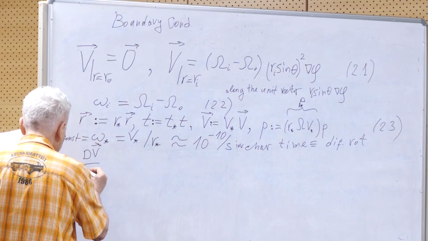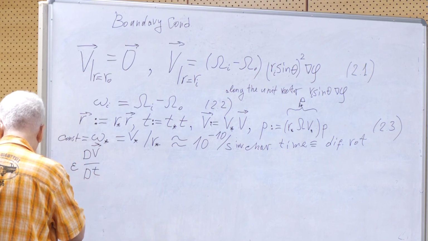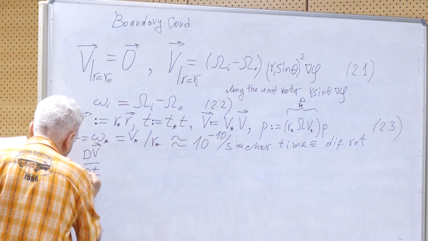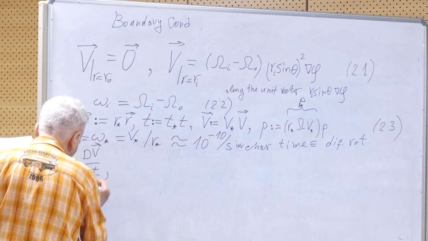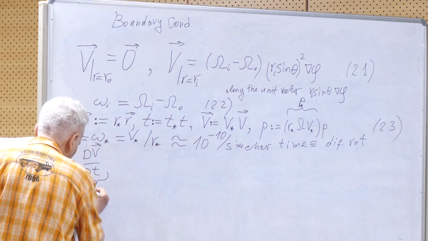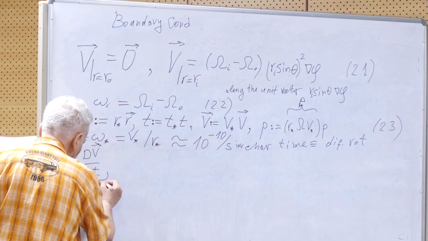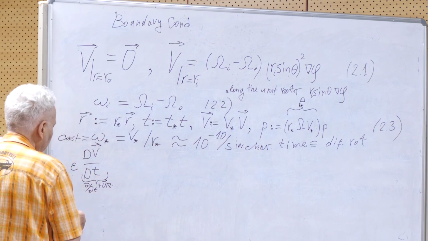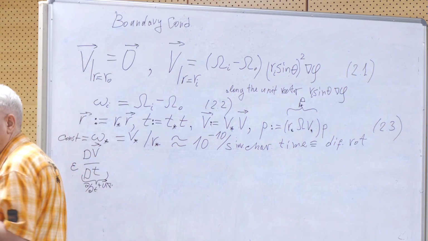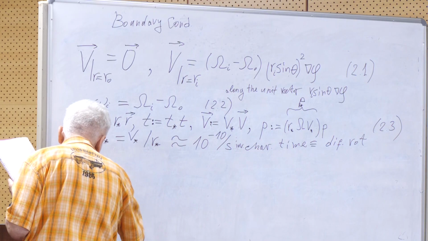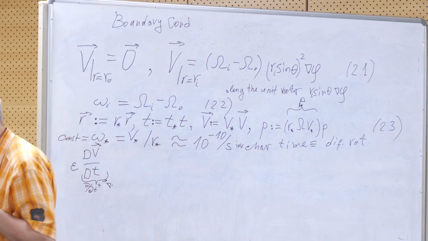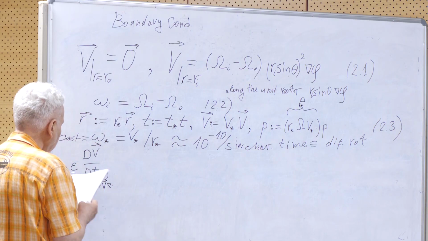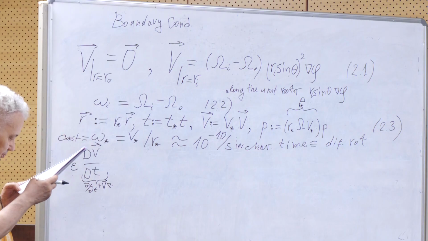Then we have substantial derivatives, which actually include, let me expand it a little bit, d over dt plus V grad, and it acts on V. So this is the substantial derivative, but maybe everybody knows it.